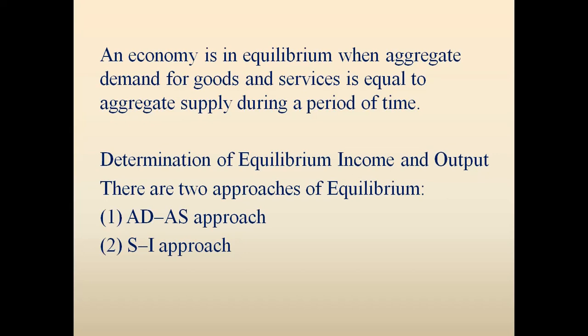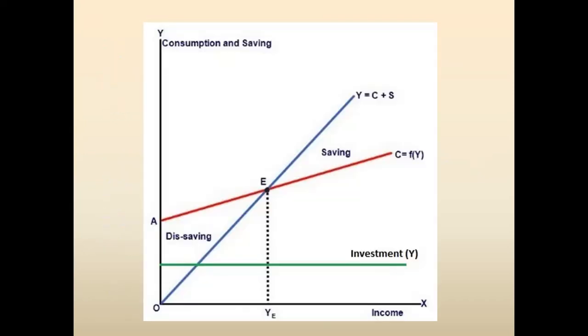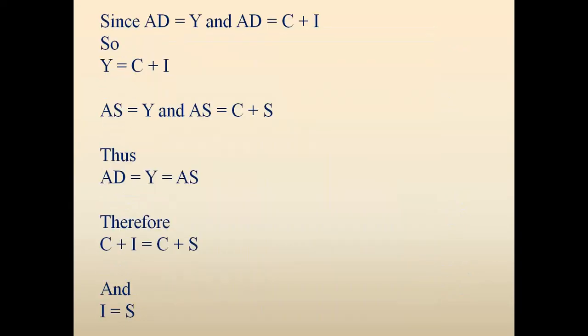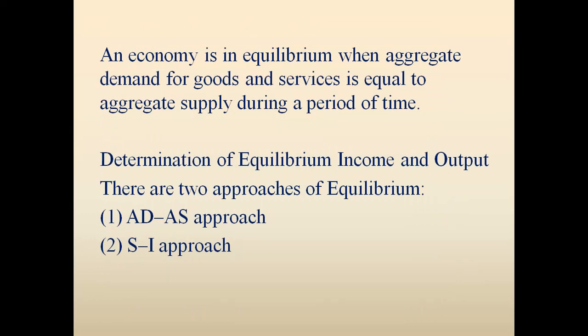How are we able to reach this conclusion? So far we have discussed the consumption function and savings function, right? From there we can derive these two approaches, the ADAS approach and the SI approach.